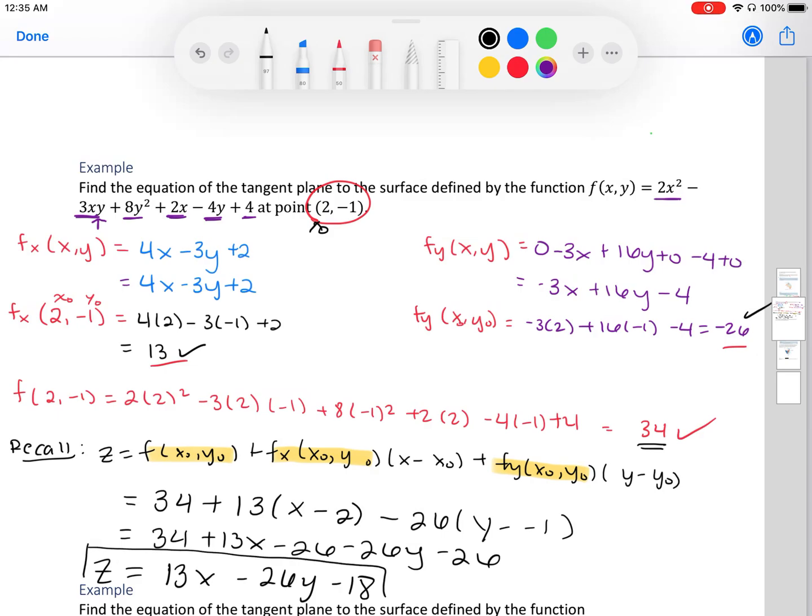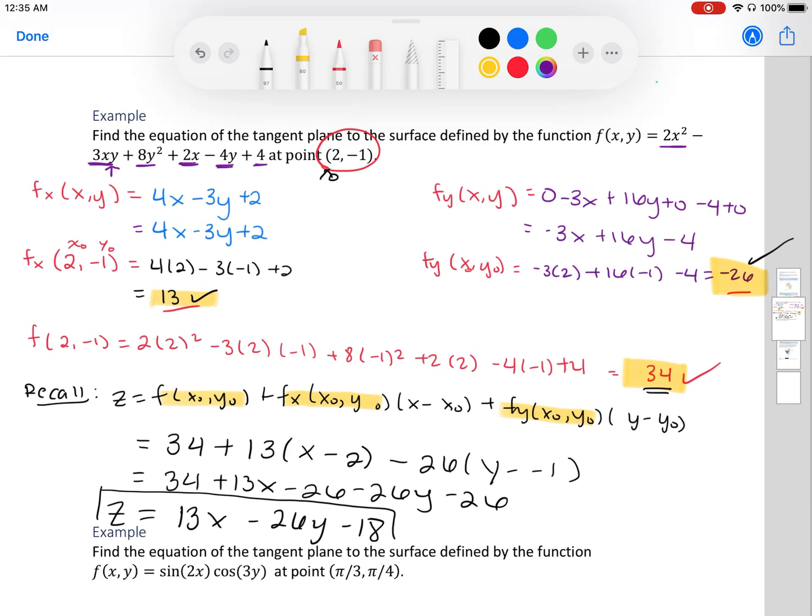And there we have it. So our values came from our derivative at that point in terms of x, our derivative in terms of y at that point, and the actual point of our function. It's a lot of steps, but the steps themselves are not so bad.